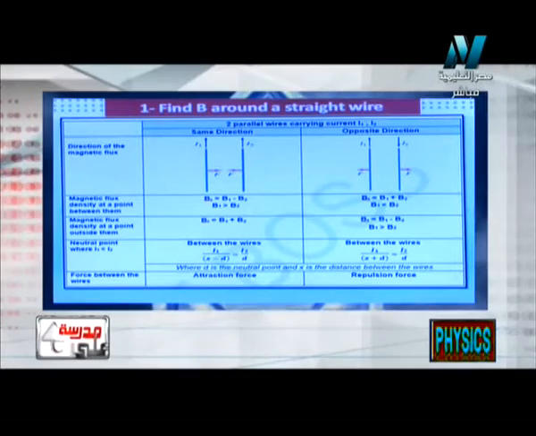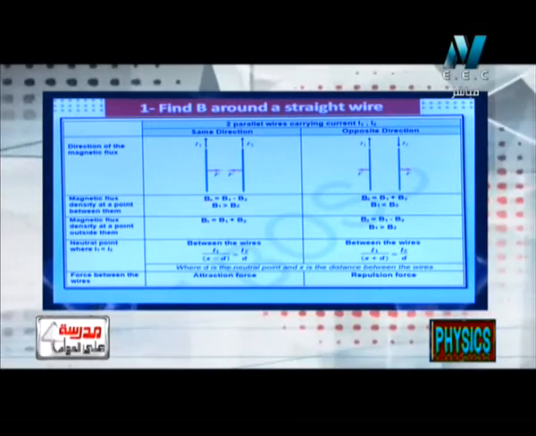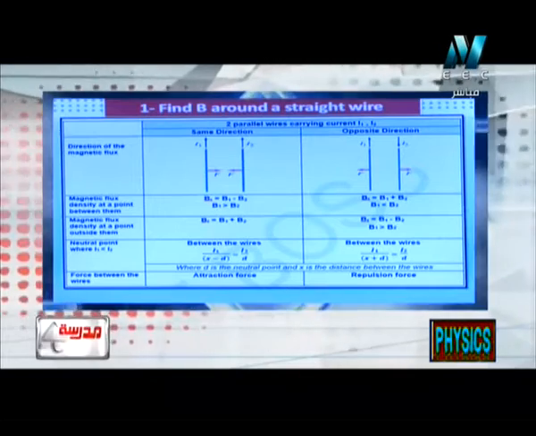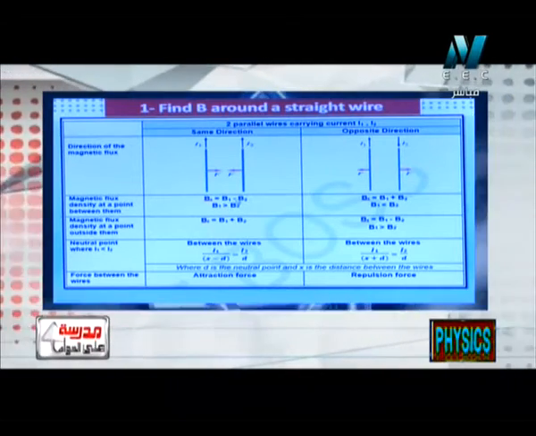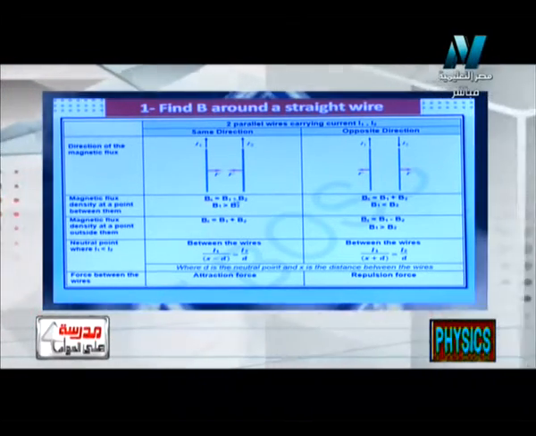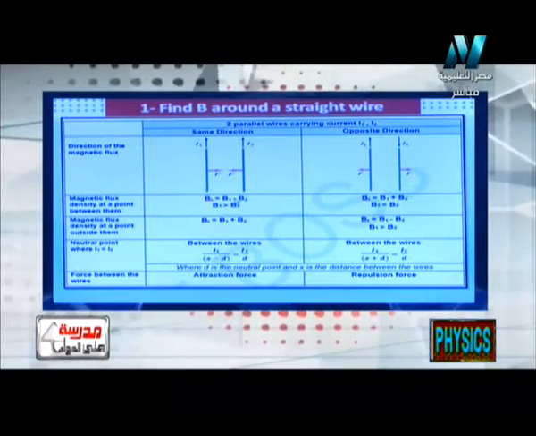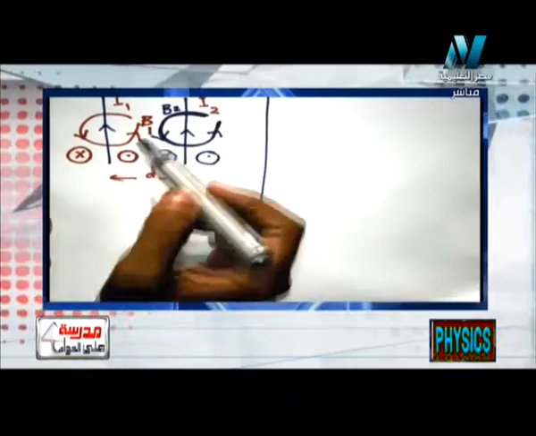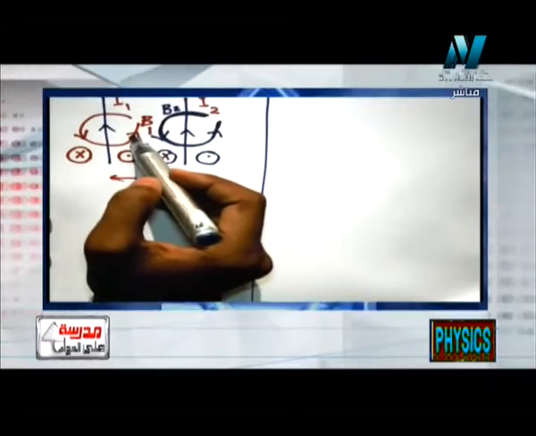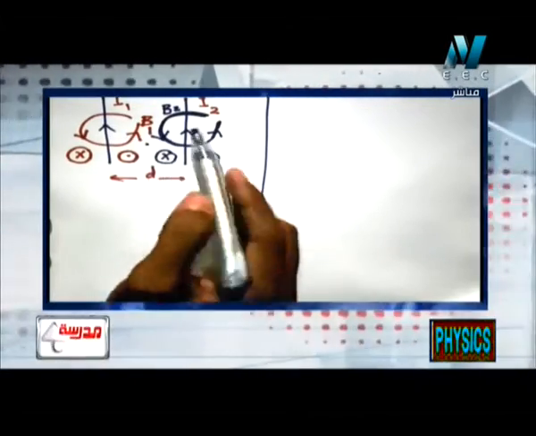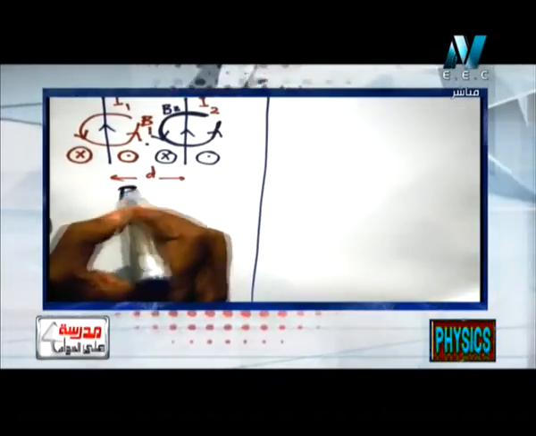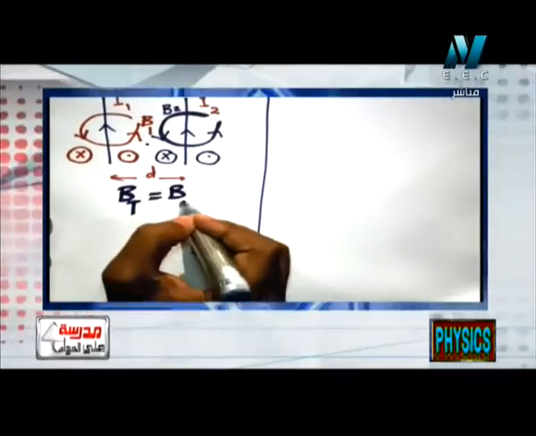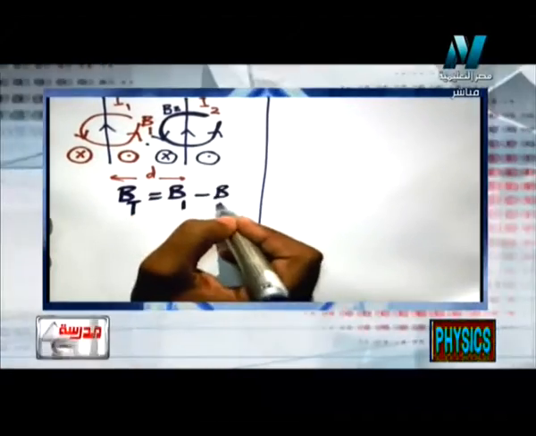Of course, because the directions of flux between them are opposite, in the midpoint between them, B total equals beta 1 minus beta 2.